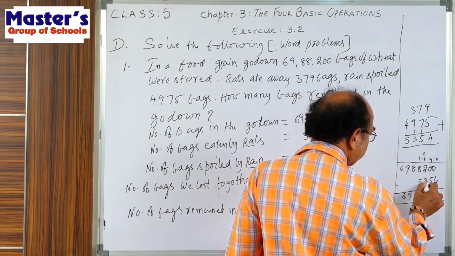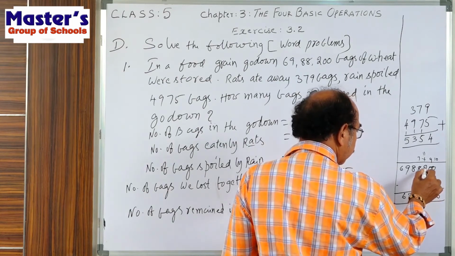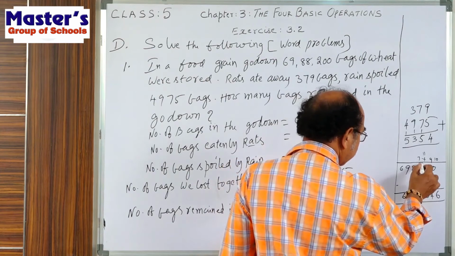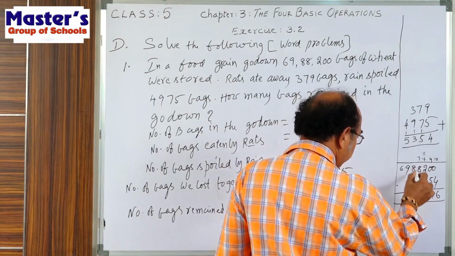Here 3 cannot be subtracted, that's why borrow is taken. So 11 minus 3 is 8. Here 7 minus 5, 2. Here 8, 9, 6.